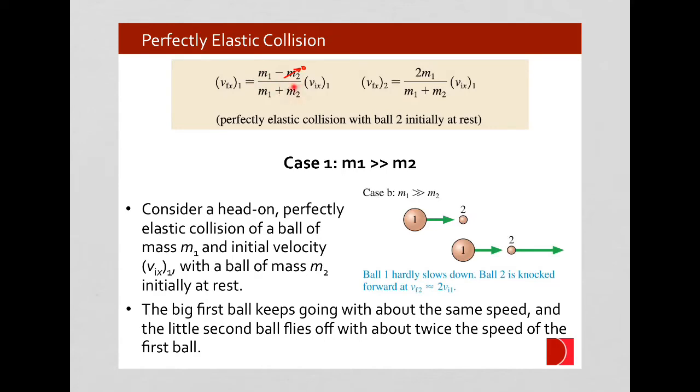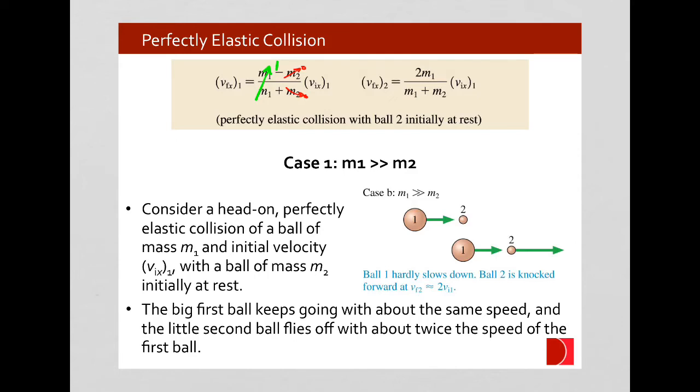In the same way, this term is essentially 0 when compared to the very large term. And so if this difference is negligible, we basically have m1 over m1, which is just a 1. That means that the final velocity is 1 times the initial velocity, meaning that this big heavy object is basically moving the exact same at the end of the collision as it was at the beginning of the collision.